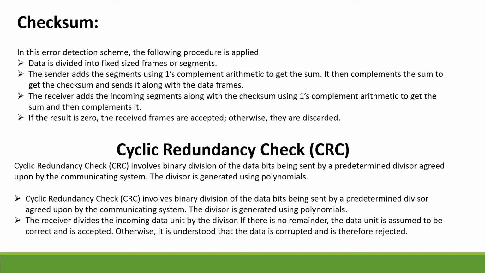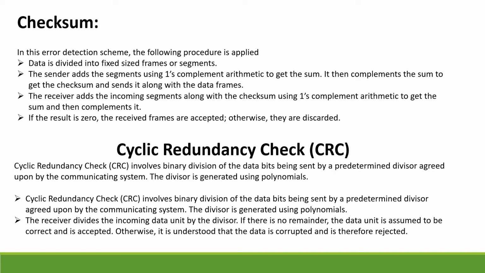Checksum. In this error detection scheme, the following procedure is applied. Data is divided into fixed sized frames or segments. The sender adds the segments using ones complement arithmetic to get the sum.